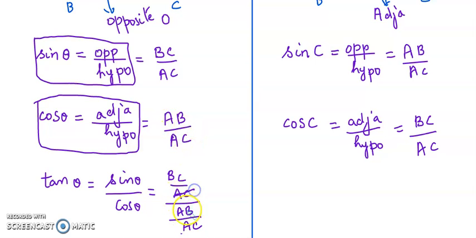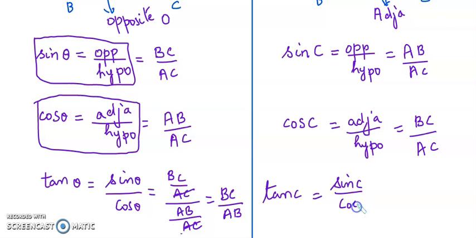So this AC and AC get cancelled off and you get BC upon AB. Same way here, tan C will be equal to what? Sin C upon cos C. The denominators are same, so directly you can say the numerator of sin C, which is AB, divided by the numerator of cos C, that is BC.